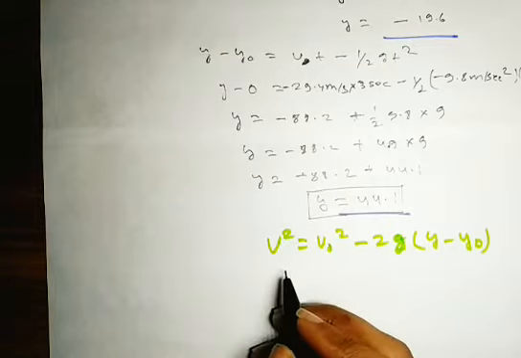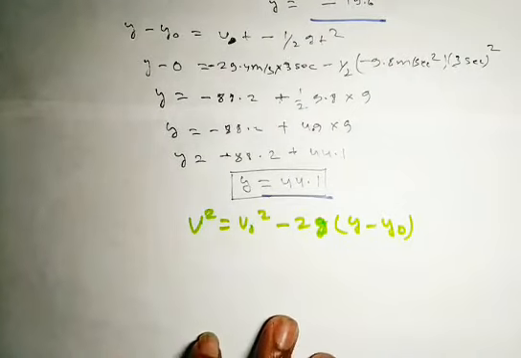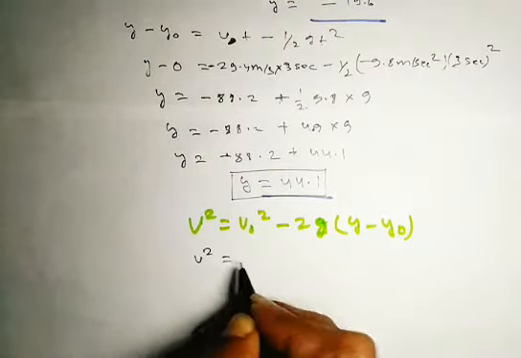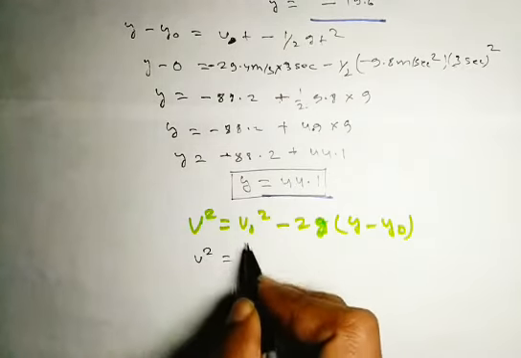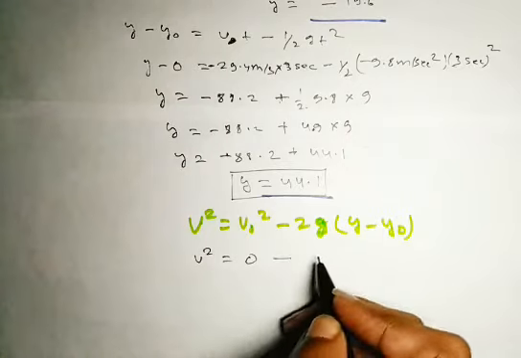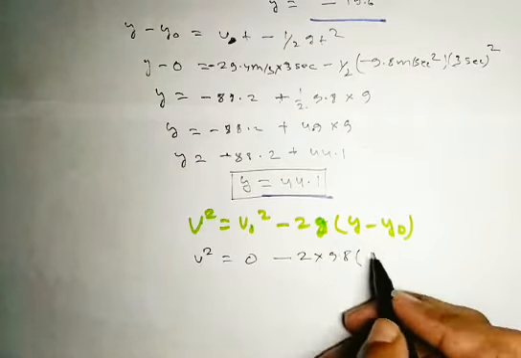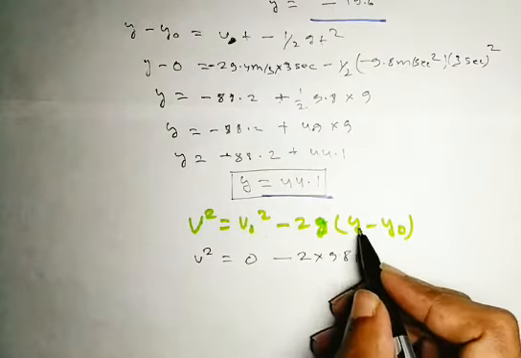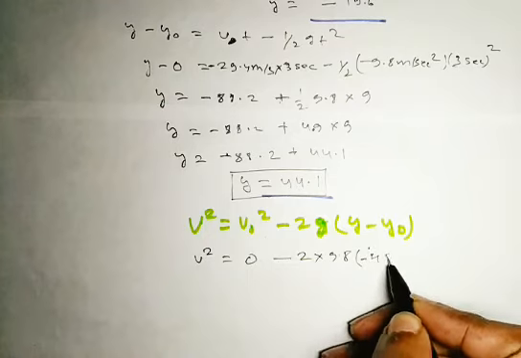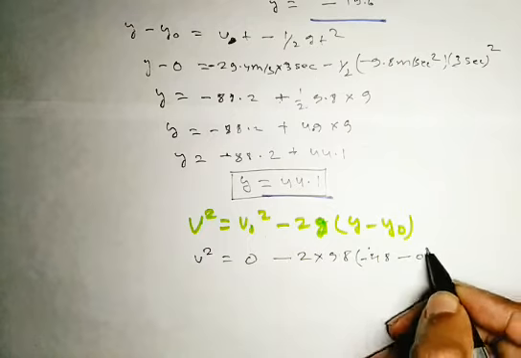Here v naught square is equal to 0, because the initial velocity is equal to 0. Then 2 into 9.8, and we know y, which is negative 48, minus y naught, which is 0.